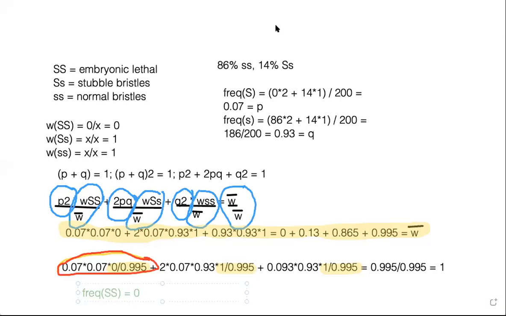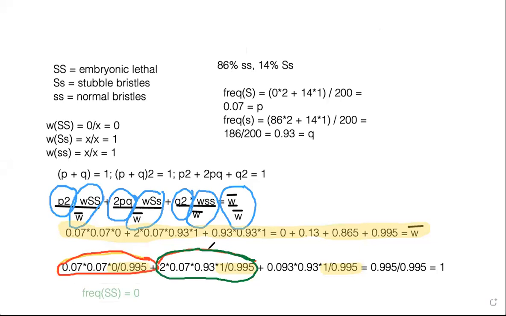This term right here, let's do this in green, is going to be the frequency of heterozygous flies in the next generation.